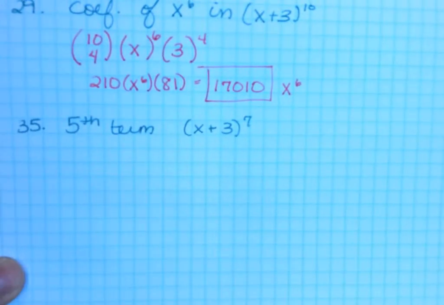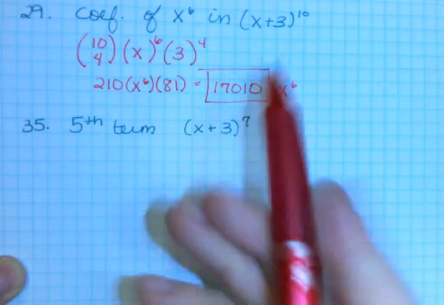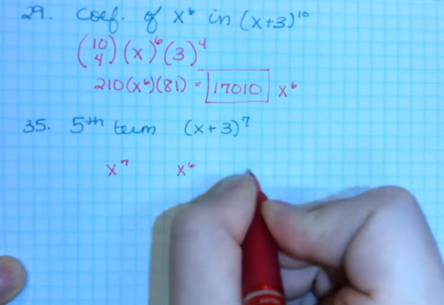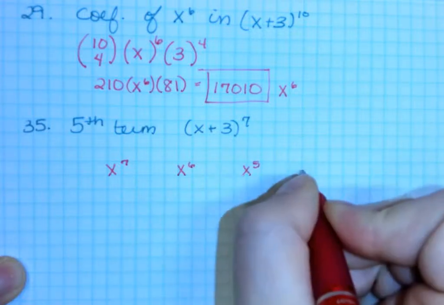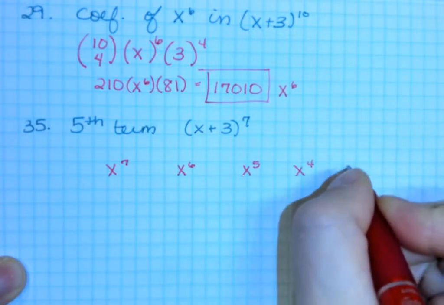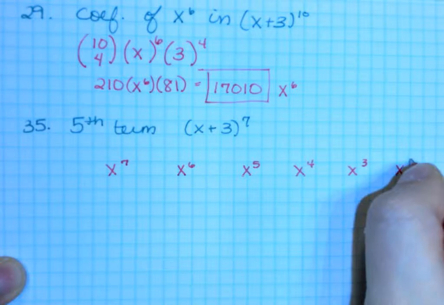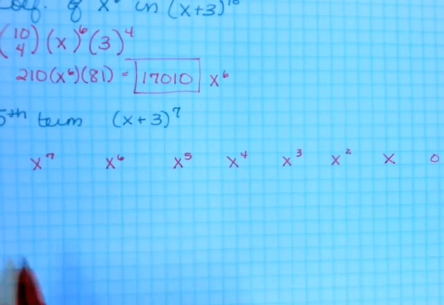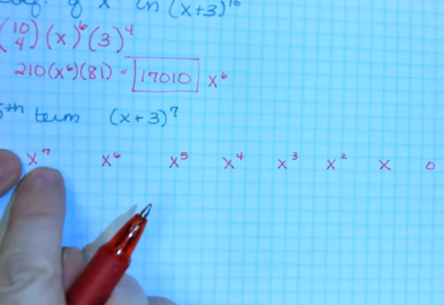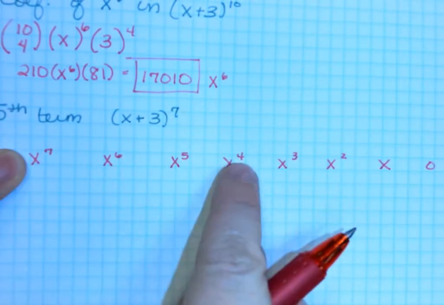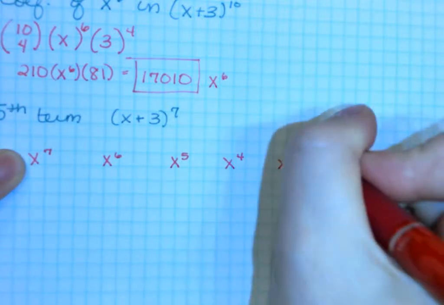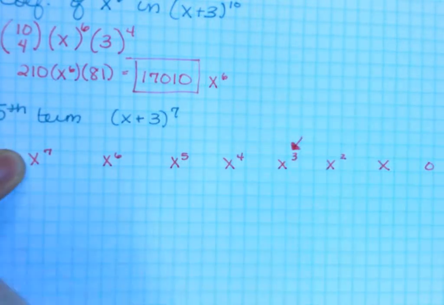Well, when I'm talking about these, the way it's always going to go is it's going to have the highest power on x, the next power, 4, 3, 2, 1, and then no x. If we look at this, 1st, 2nd, 3rd, 4th, 5th term, that's what I want.